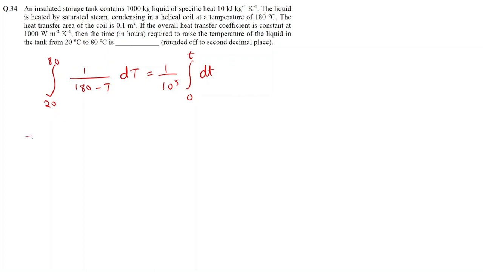We can integrate this as minus ln of (180 minus T), going from 80 to 20, and we will do 1 over 10 raised to 5 into t minus 0.